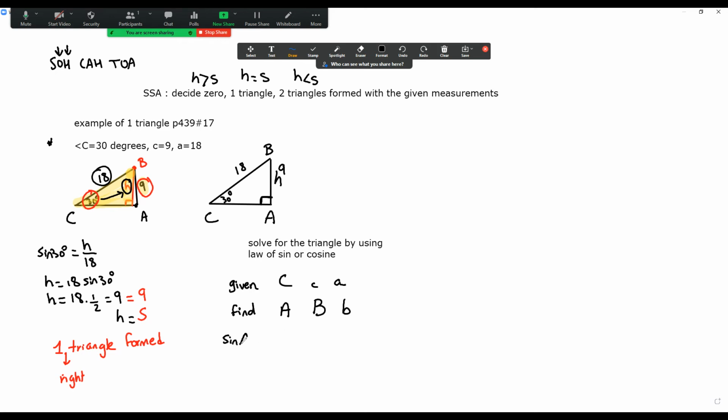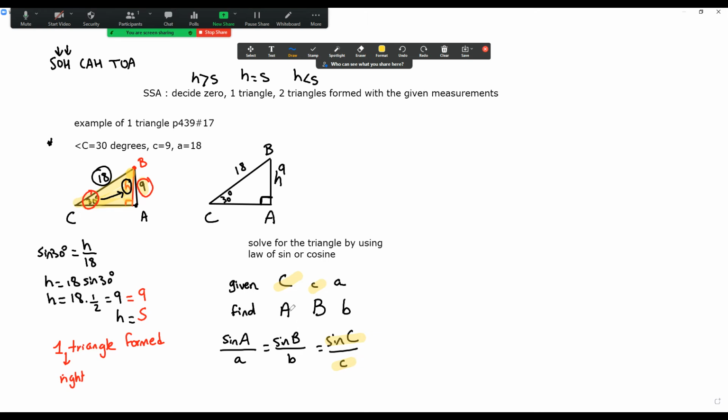I'm gonna set up the sine ratio. Then I'm gonna decide which one to use. Because remember, we can use 2 at a time. And I decide depending on what I have given. I have angle C and side C, so all of this is available to me.